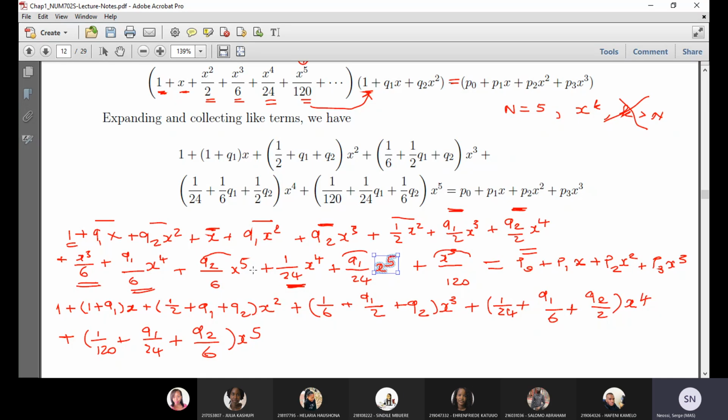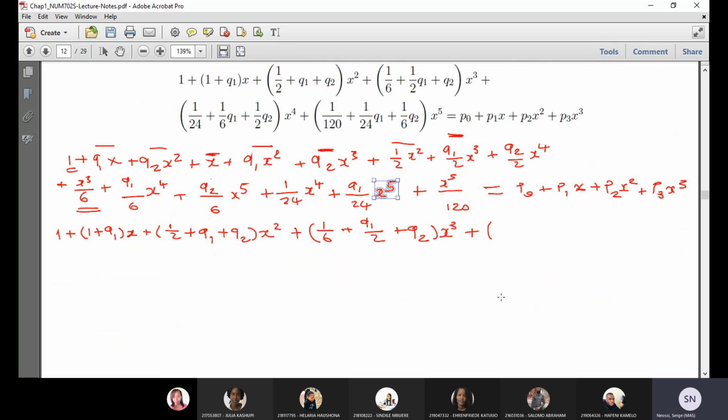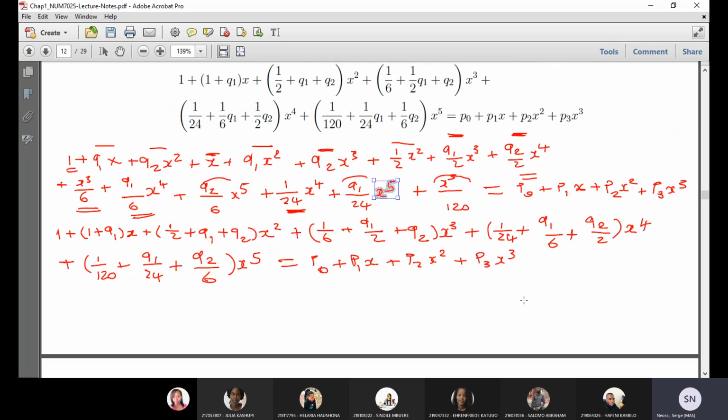So you see that all the terms have already been grouped. All the terms here on the left-hand side have been grouped. So we equate this with the right-hand side, which is p0 plus p1x plus p2x squared plus p3x cubed. Now you see that two polynomials are equal if and only if their respective coefficients are equal.